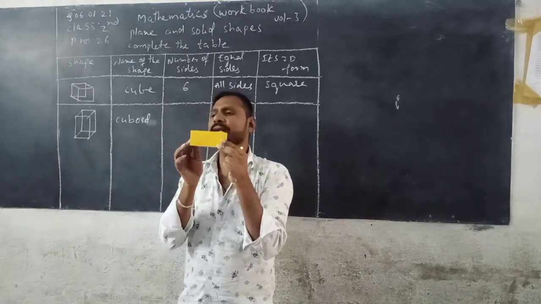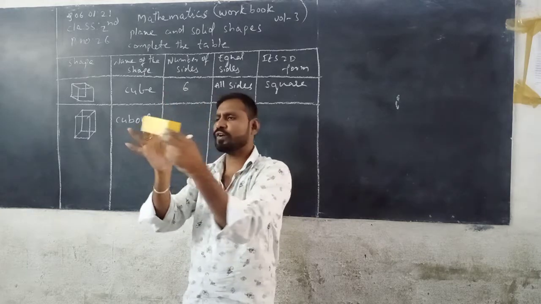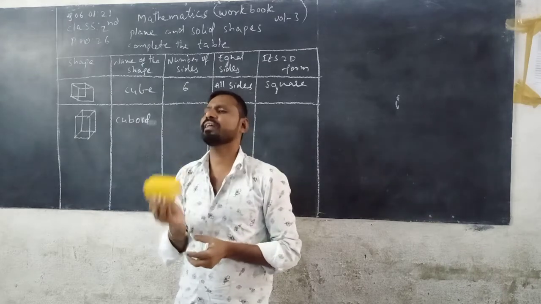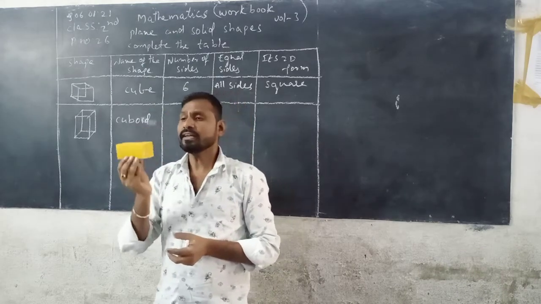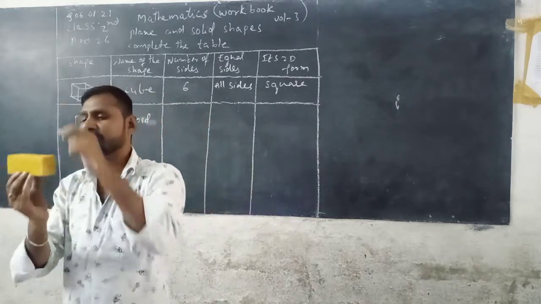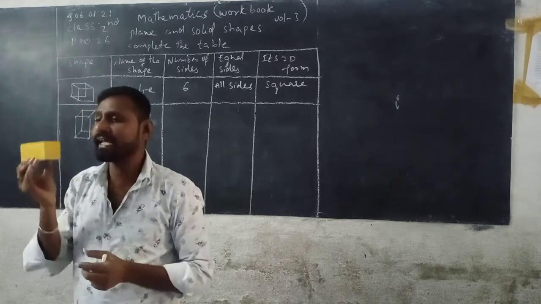It has how many faces? 6 faces: 1, 2, 3, 4, 5, 6 faces. How many edges? 12 edges. Here, cuboid is in the form of a rectangle. So this is 3D, 3D means cuboid. 2D means rectangle.